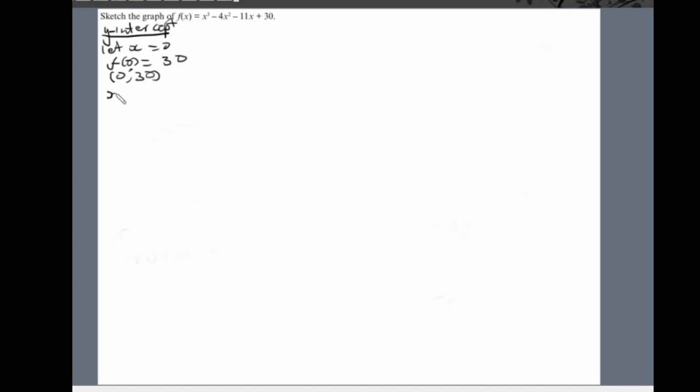Now to find the x-intercepts, I will use the factor theorem, right? I will look at the factors of 30 and see which one, if I substitute into f of x, will give me 0.